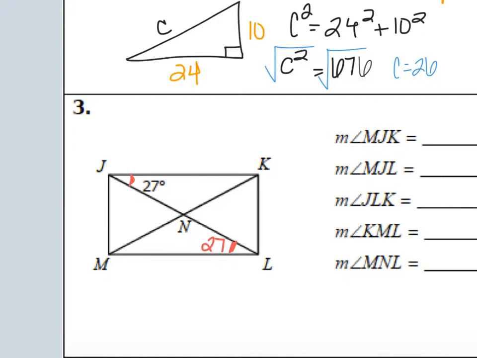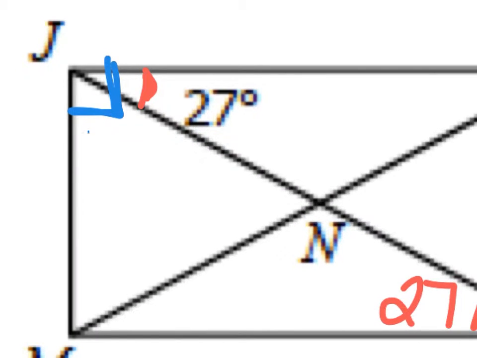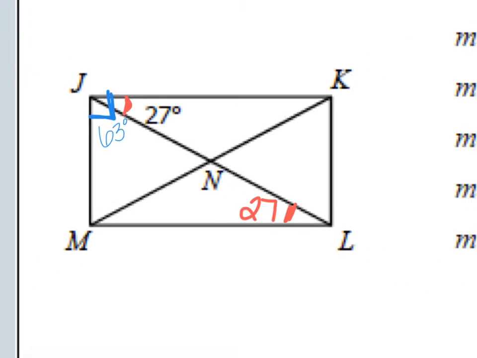I also know that all of the angles in a rectangle have to be 90 degrees. So if I take 90 minus 27, it's going to give me an angle of 63. So I'm going to zoom in here. Okay, so if I zoom out, this angle over here is also going to be 63.